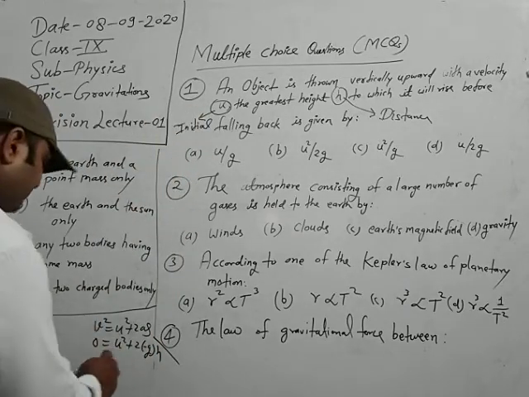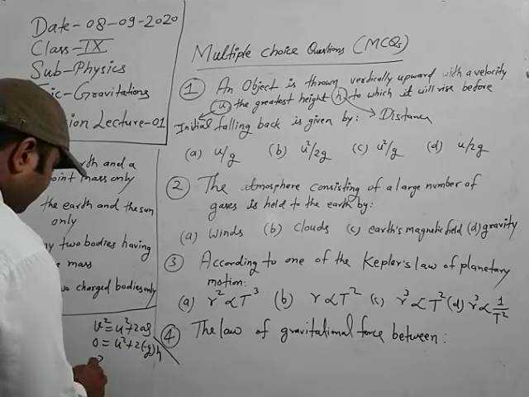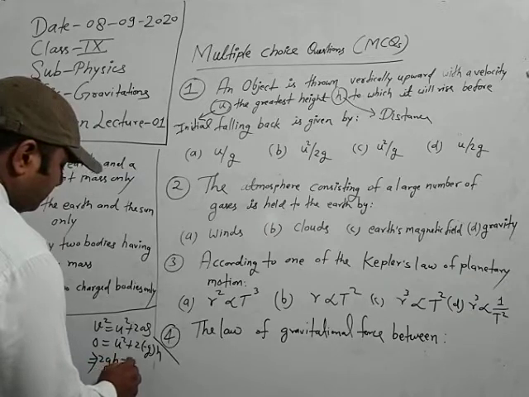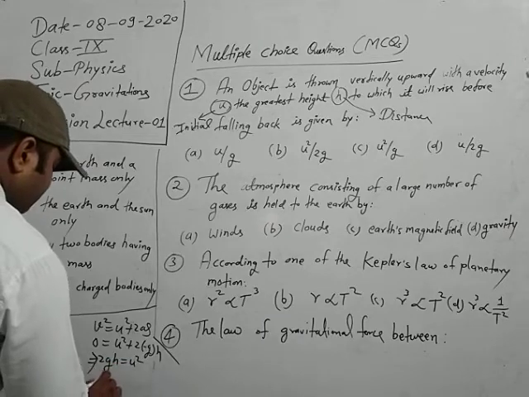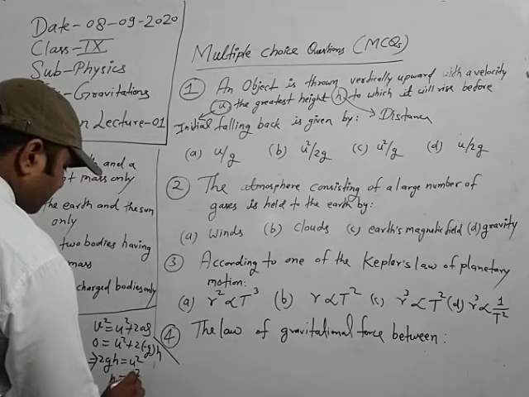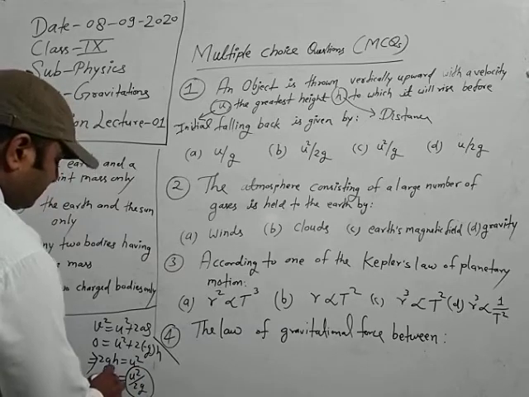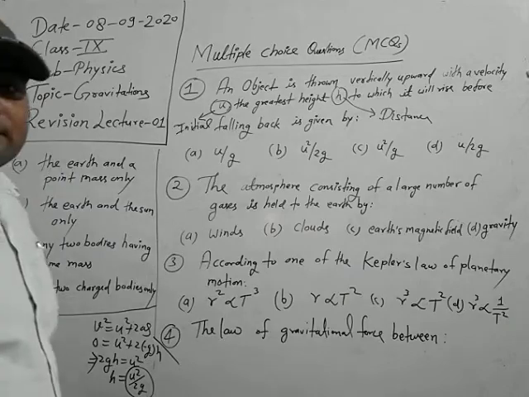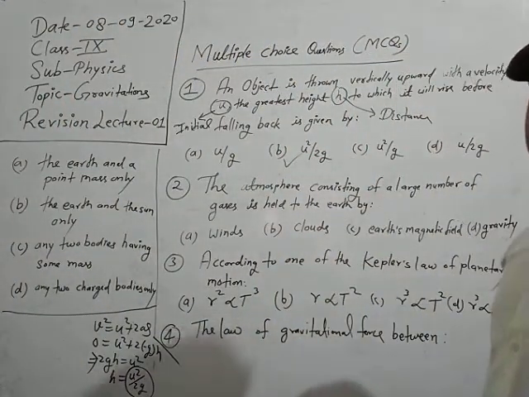Then minus 2gh, whenever transferred towards the left side, becomes plus 2gh is equal to u square. So h is equal to what? u square upon 2g. It means the maximum height will be u square upon 2g. This is the correct answer.